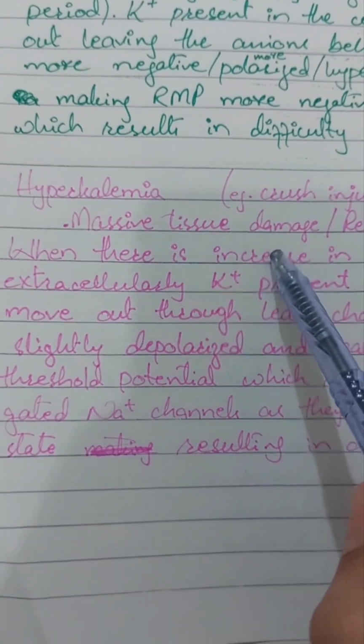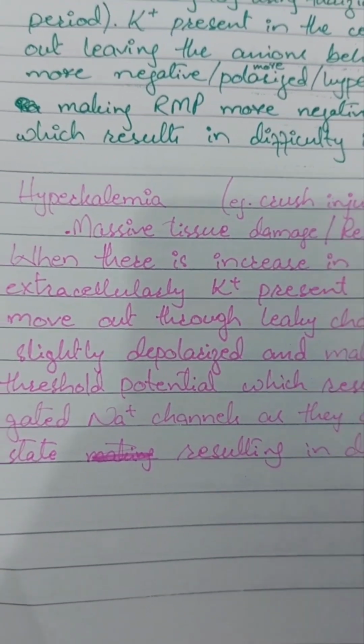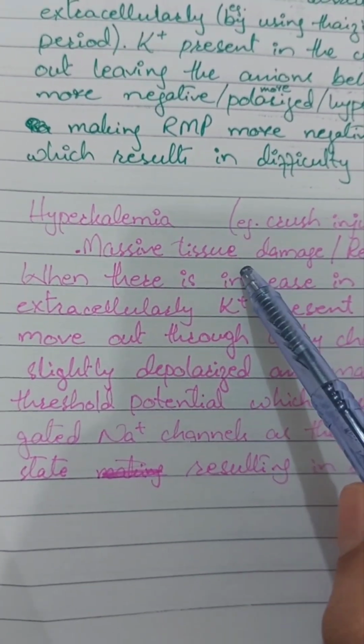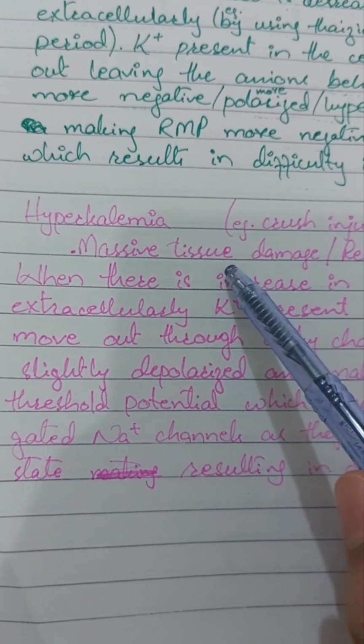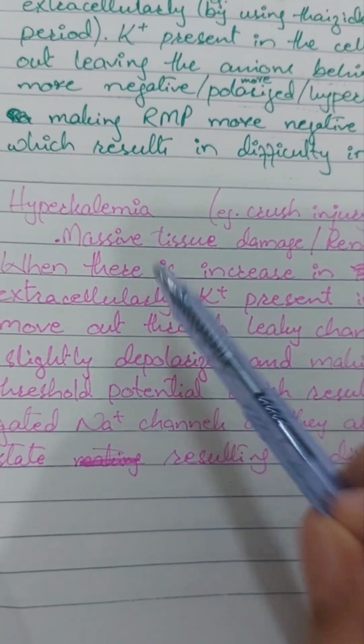When there is massive tissue damage, for example in crush injury or burns, or there is renal failure, hyperkalemia occurs.